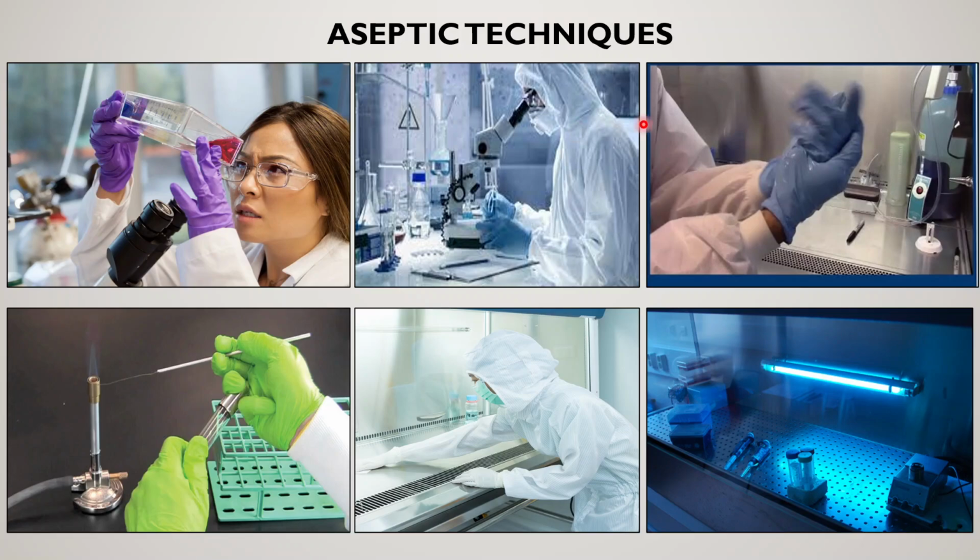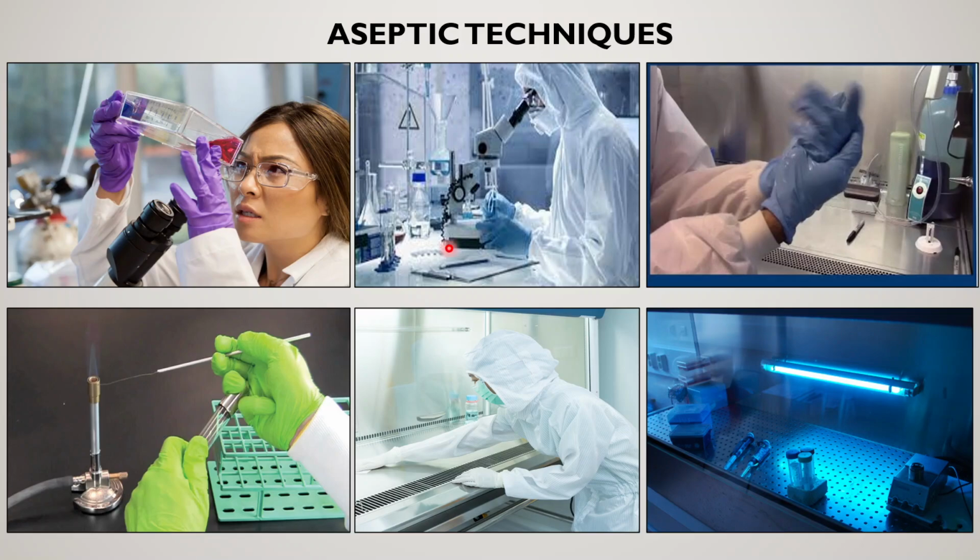Also, we need to ensure that the work surface, that is the surface of the biosafety cabinet that we are using, is entirely clean. For that, we need to place our biosafety cabinet as far away from the door as possible, so that it's not prone to the outside air coming inside, and not prone to contamination.